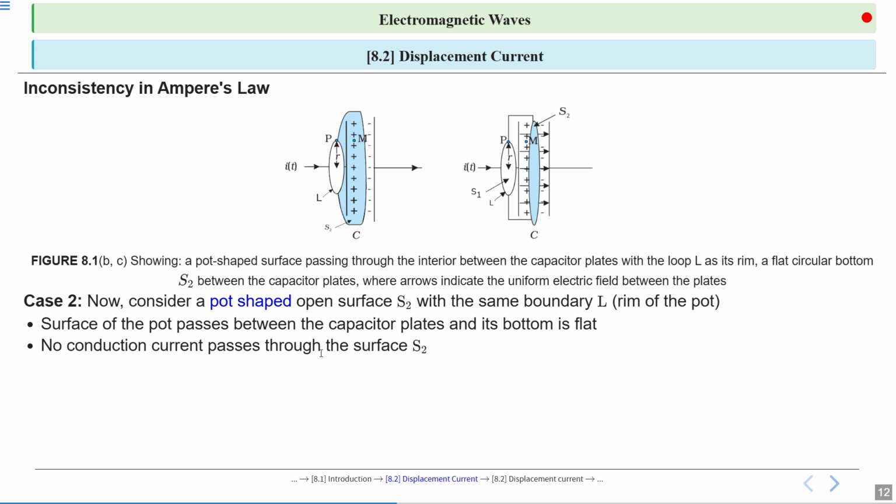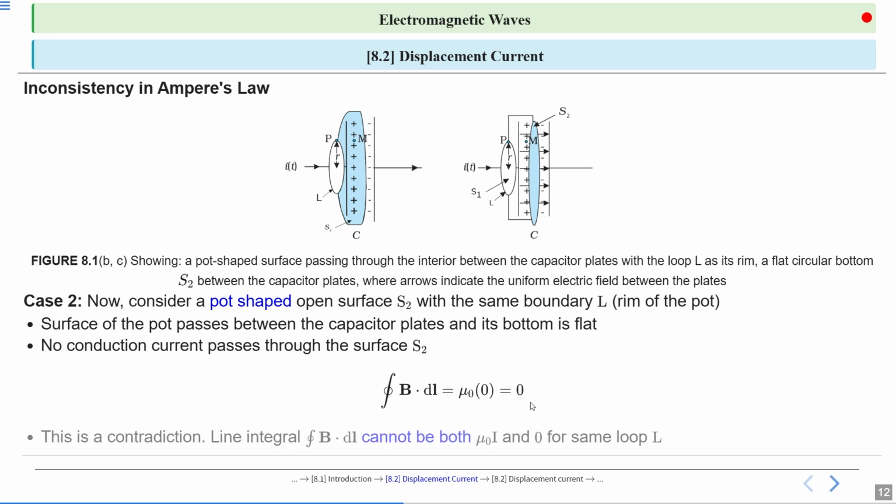So no conduction current passes through the surface S2. That means closed integral B dot dl will be equal to mu naught I enclosed by this loop, and the current passing through the area enclosed by that loop is 0. So closed integral B dot dl for this surface S2 will be equal to 0.